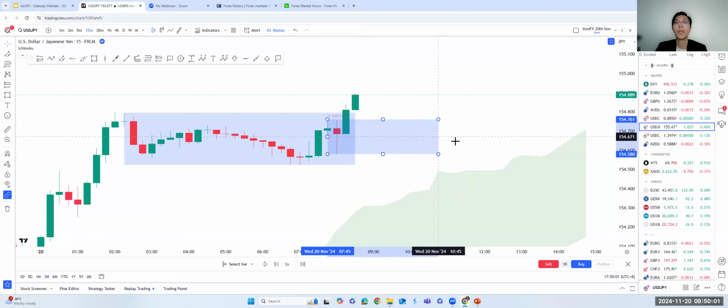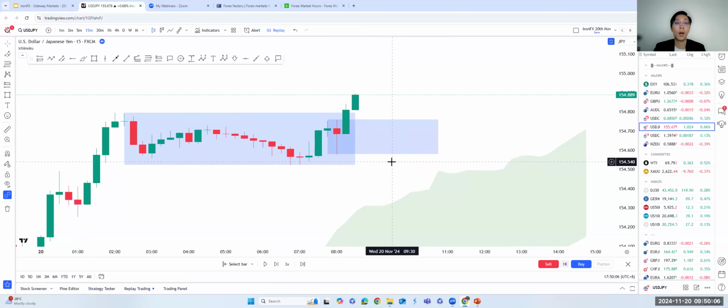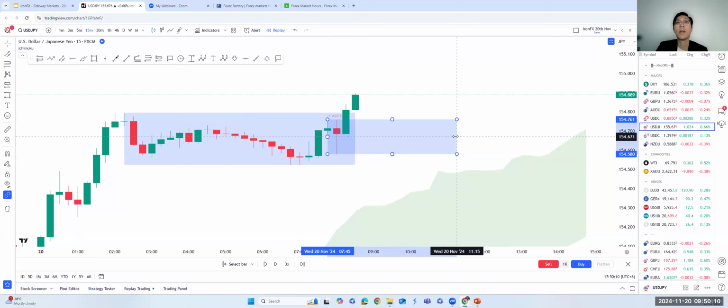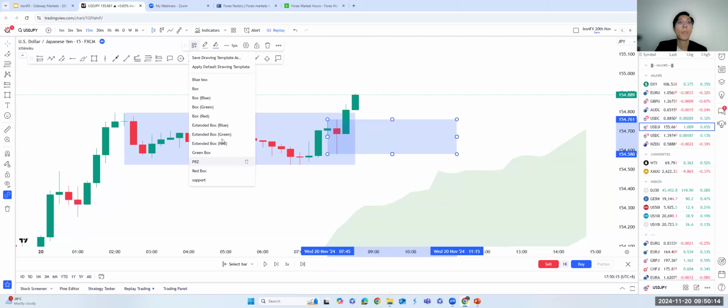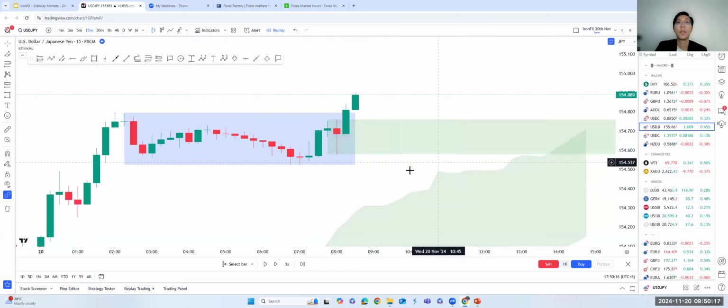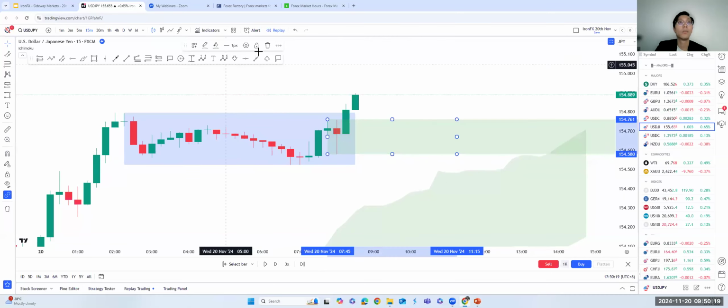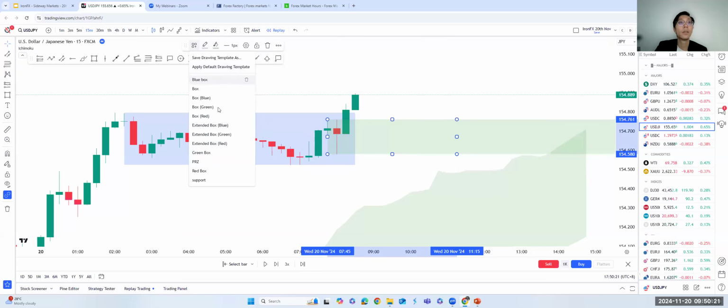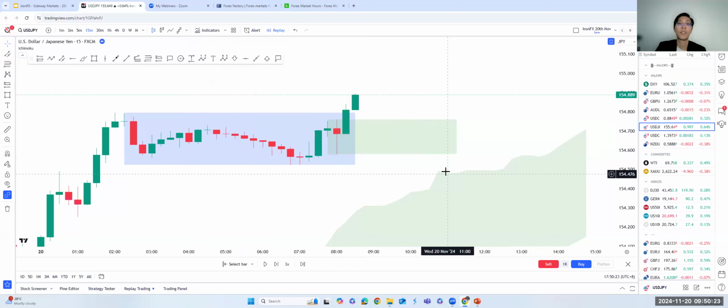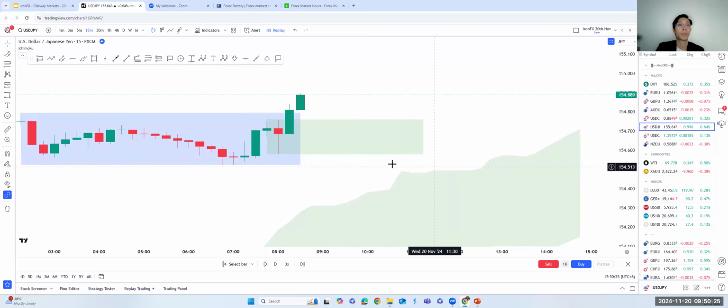Because once we have a bullish engulfing candle, the candle before that, what we are looking for is a bearish candle, right? So once we have a bearish candle, this is your buy zone. Okay, so this is your buy zone.